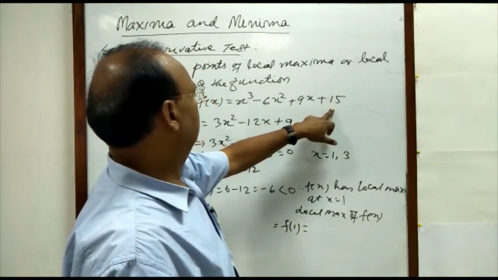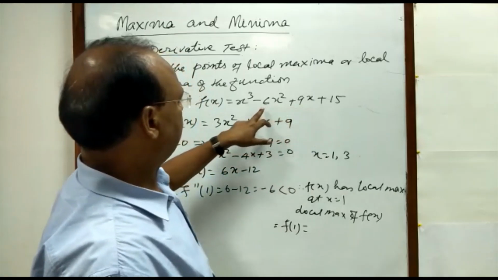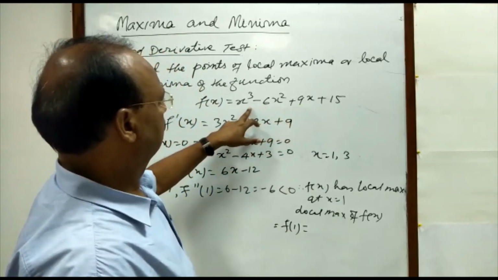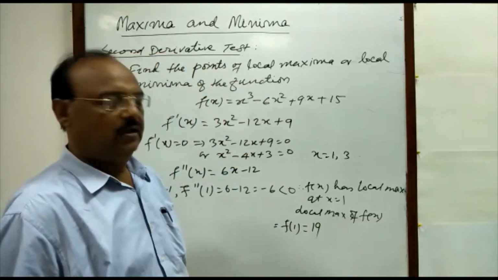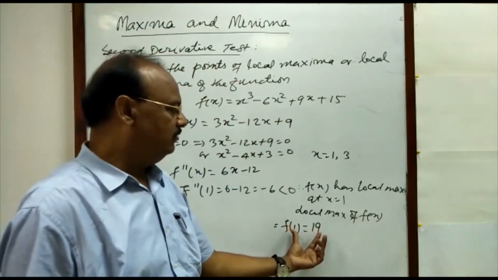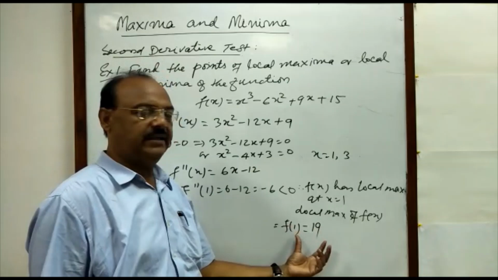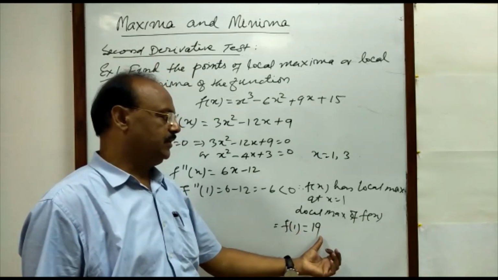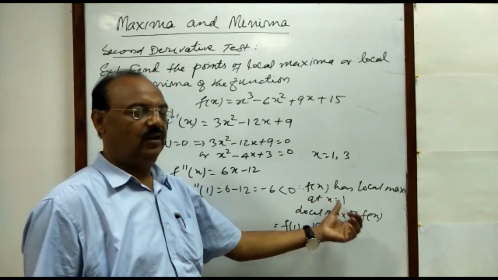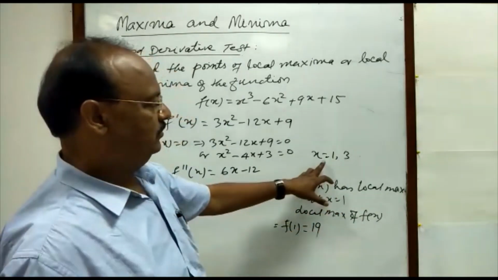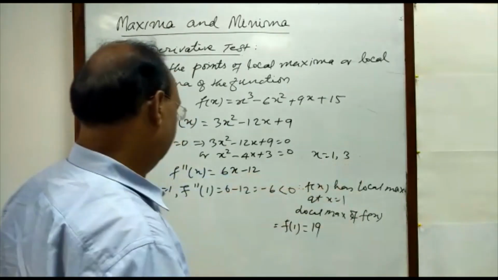So that will be equal to 19. So this is the maximum value, or you can say local maxima of the given function, and the point of local maxima is 1.